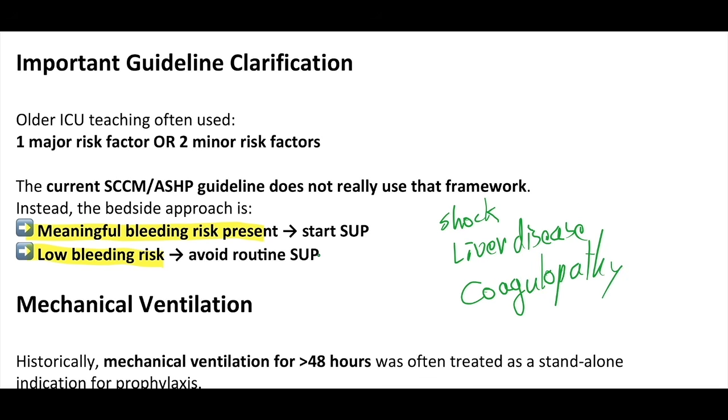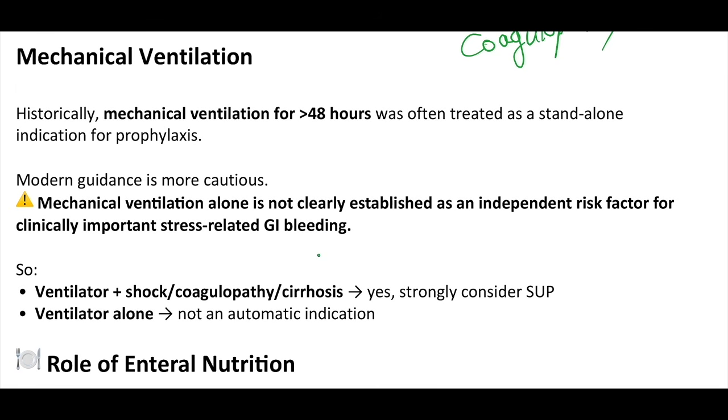Now, in a lot of institutions and places, we have historically said that mechanical ventilation for more than 48 hours is a standalone indication for stress ulcer prophylaxis. We've worked at places where this is still the case. But modern guidance is more cautious than this. Modern guidance does not include mechanical ventilation alone as a clearly established independent risk factor for clinically important stress-related GI bleeding.